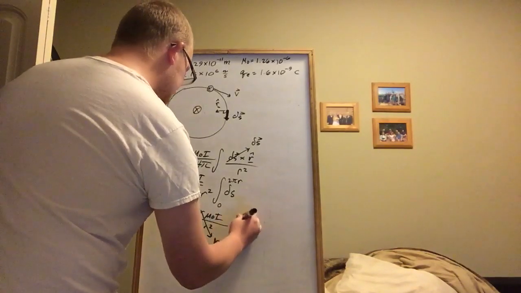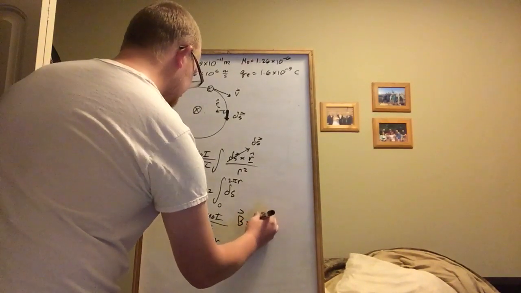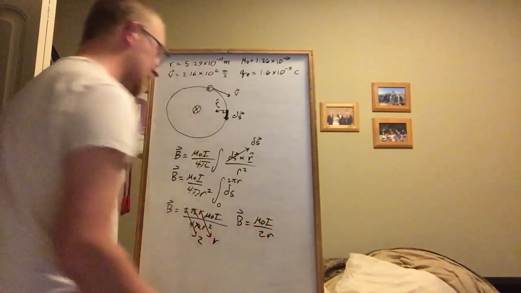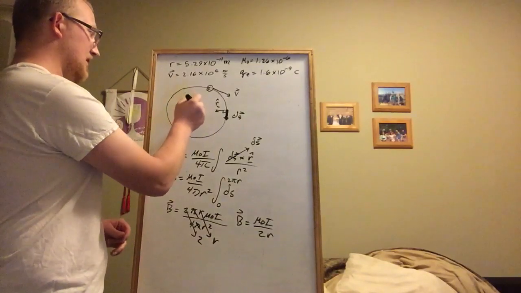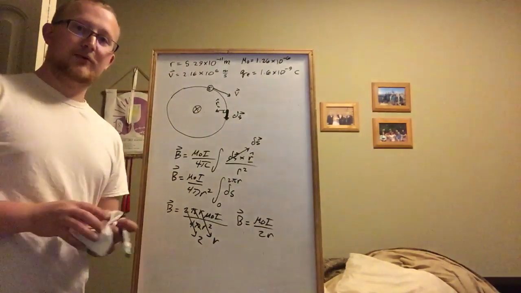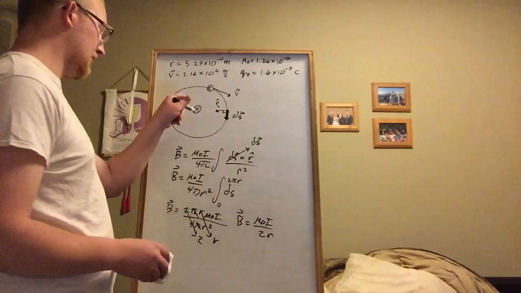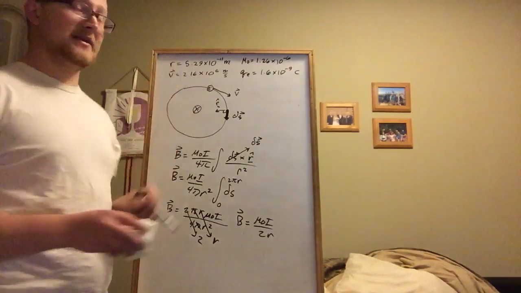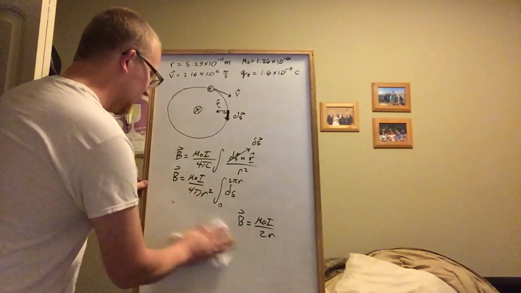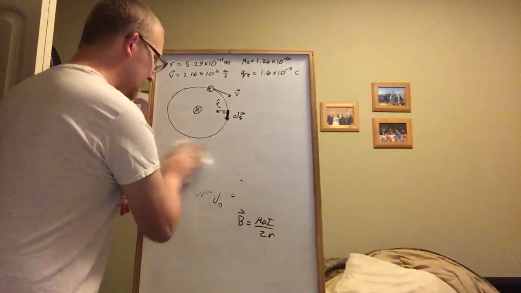So what we've solved is that the B field at the center of the ring is going to equal mu sub naught I over 2 times the radius, at the center of the circular path traced out by the electron. Now that we know the derivation for being at the center of a current-carrying loop, we just need to figure out some of the values here.